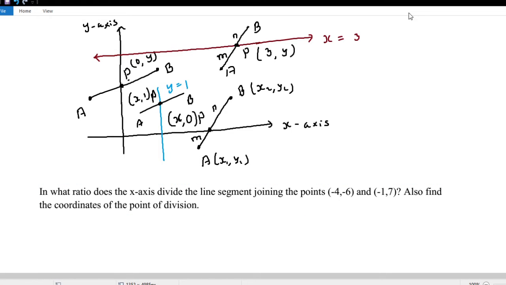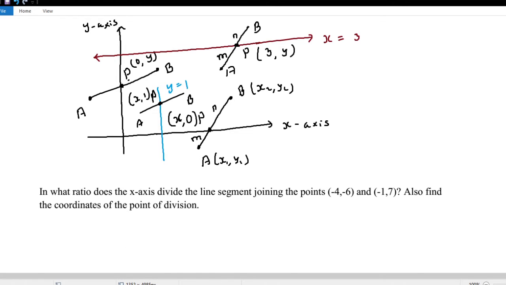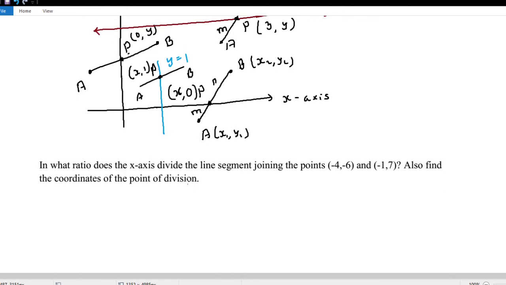Say the question is, in what ratio does the x-axis divide the line segment joining the points -4, -6 and -1, 7? Also find the coordinates of the point of division. Look at the statement, in what ratio does the x-axis divide?